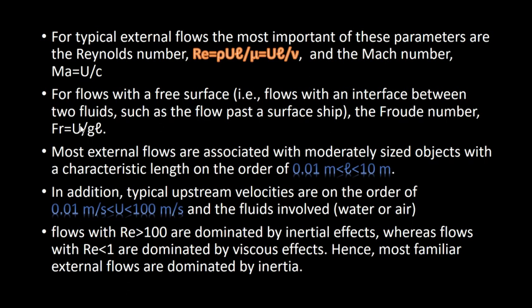Fr is equal to U divided by the square root of g multiplied by L. Most external flows are associated with moderately sized objects with a characteristic length higher than 0.01 meter and less than 10 meters. In addition, the upstream velocity is higher than 0.01 meter per second and less than 100 meters per second, and the fluid involved is normally water or air.